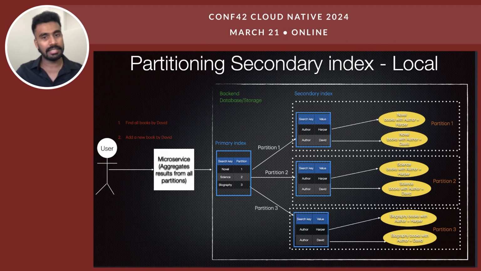So that's a lot of activity happening there, right? Like aggregation. It sounds fine, but let me explain. This particular secondary index is located in each partition, right? That's why we call it a local secondary index, or another name is partitioning secondary index by document.